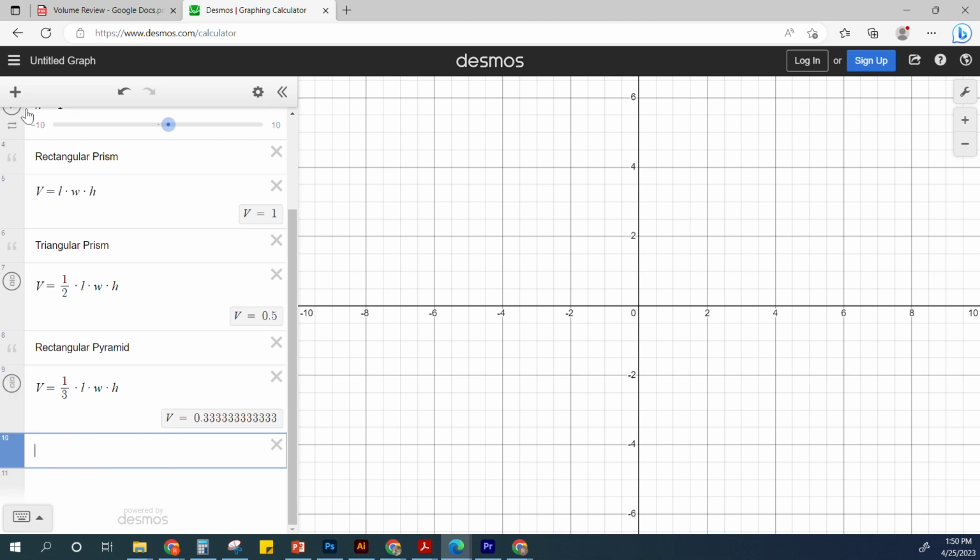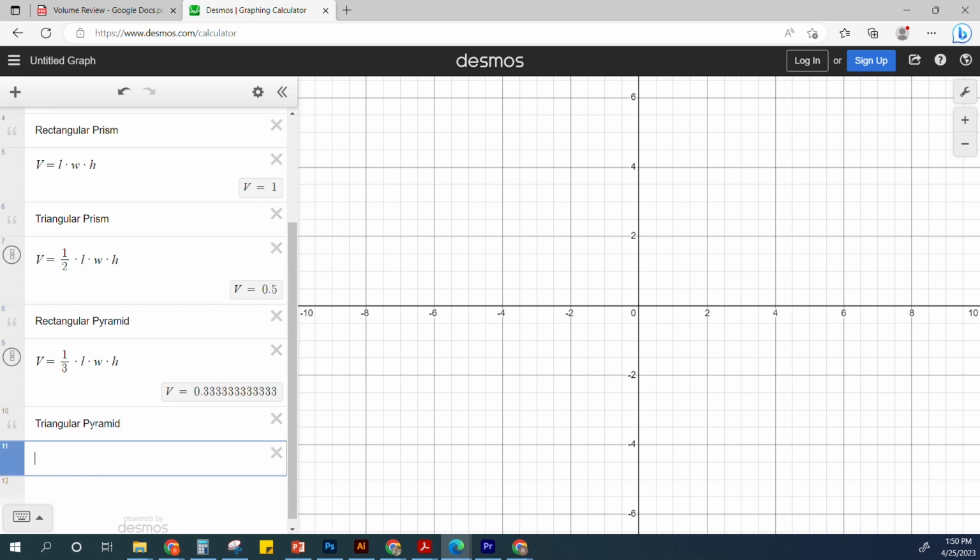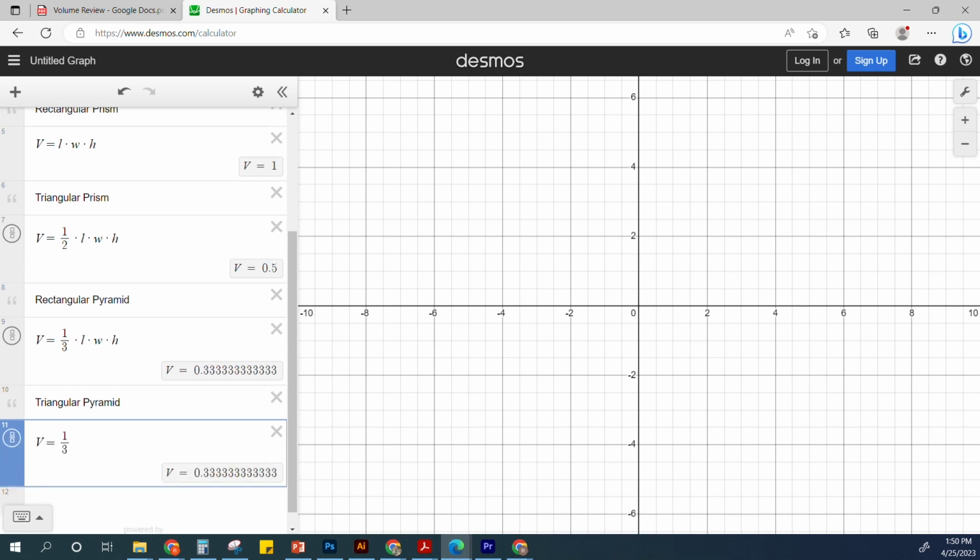And then our last shape, we've got a triangular pyramid. And the volume for that, because it comes to a point, is going to be 1/3 times the prism volume, which is 1/2, times the length, times the width, times the height.